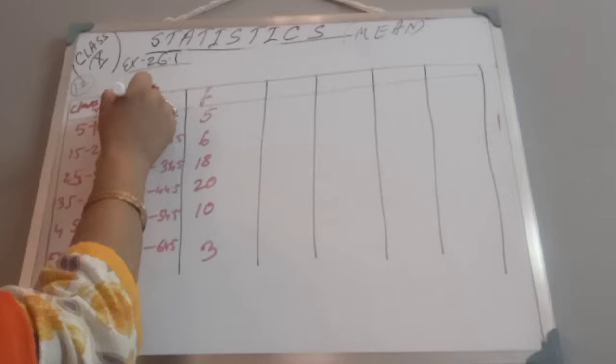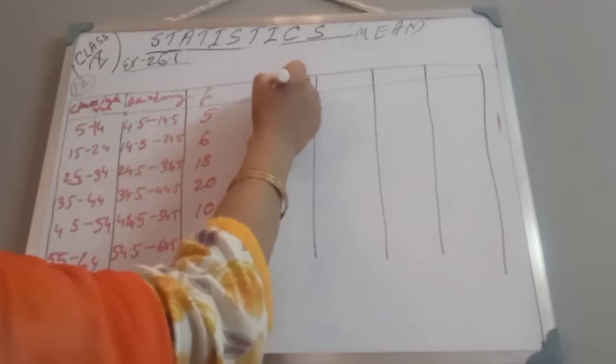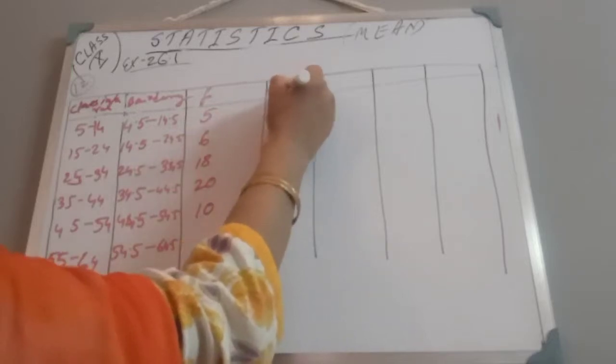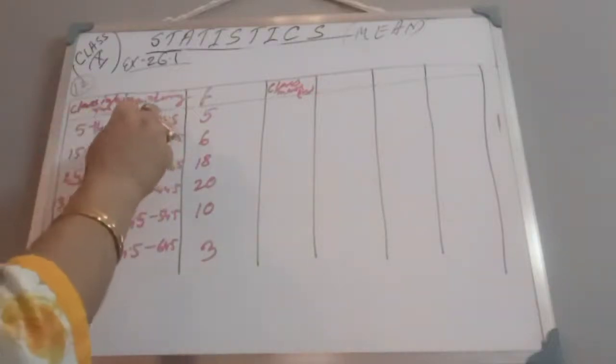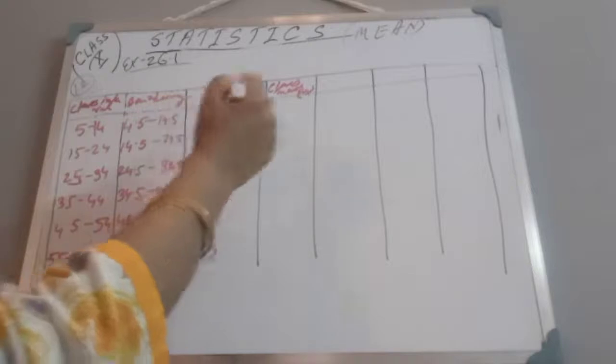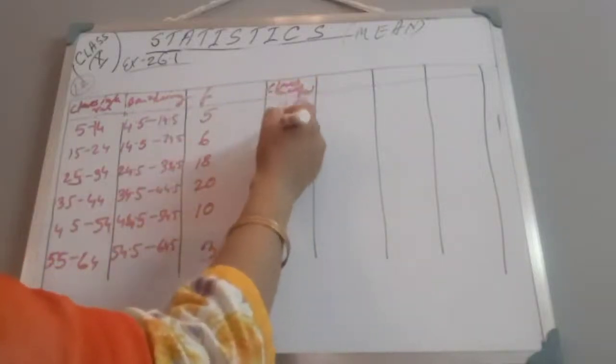This is the class boundary. Next is the class mark. We now have the class 4.5 to 14.5. We add these two, then divide by 2 to find the class mark. We get 9.5.